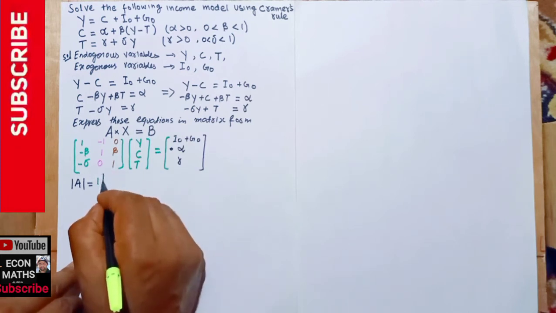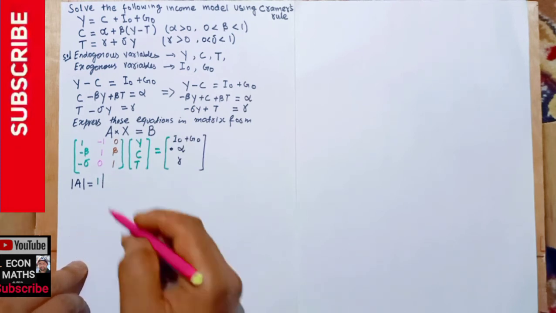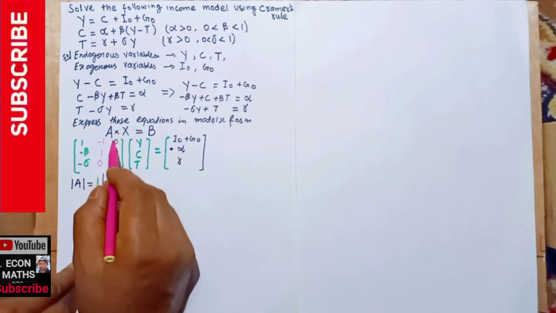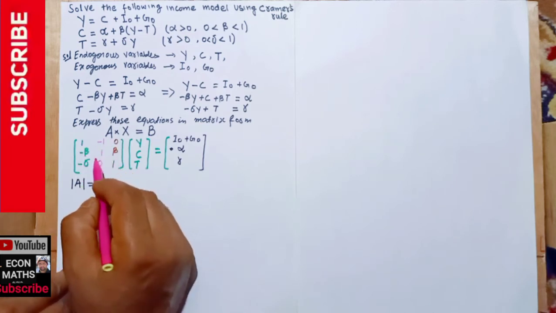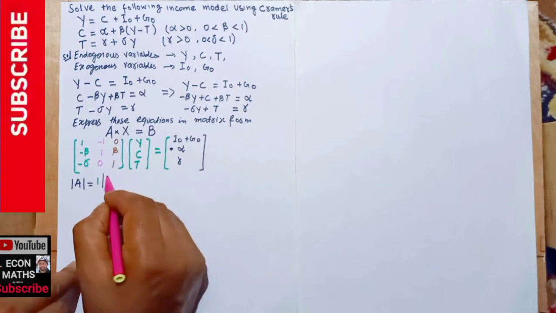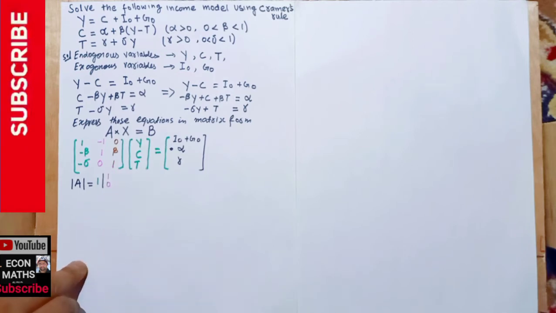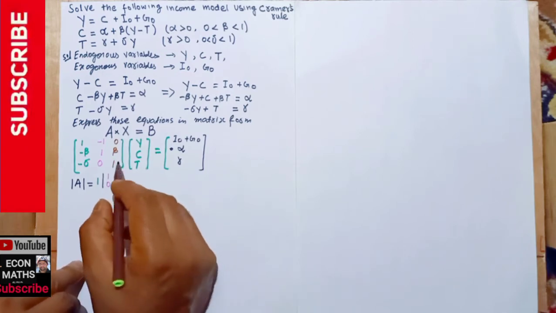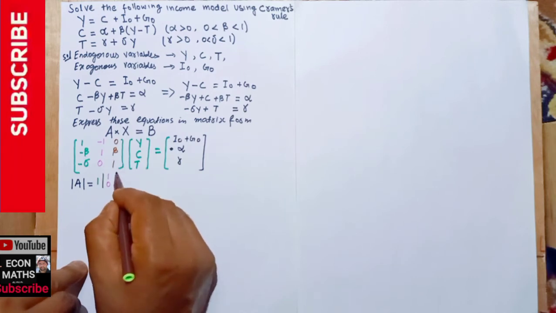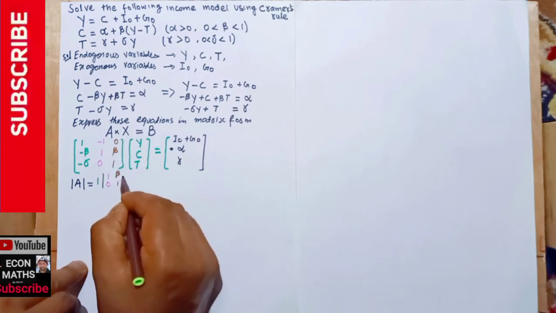It is multiplied by this. Now delete mentally the row and the column in which it appears and take the determinant of the remaining elements. That is 1, 0, and here it is beta, 1.